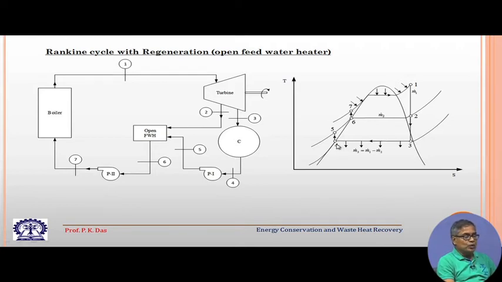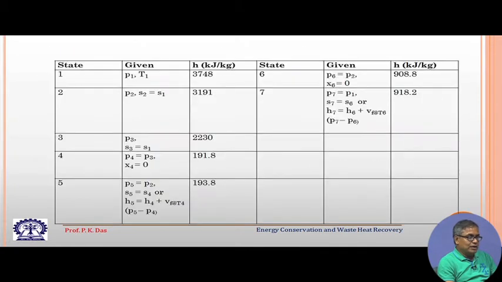Then, the way I have told, pump work can be calculated. We can calculate the pump work and we can determine the enthalpy at point 5. So, let us go back to the table of solution.